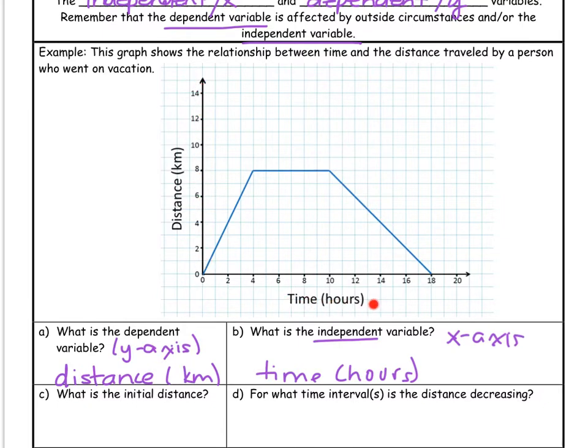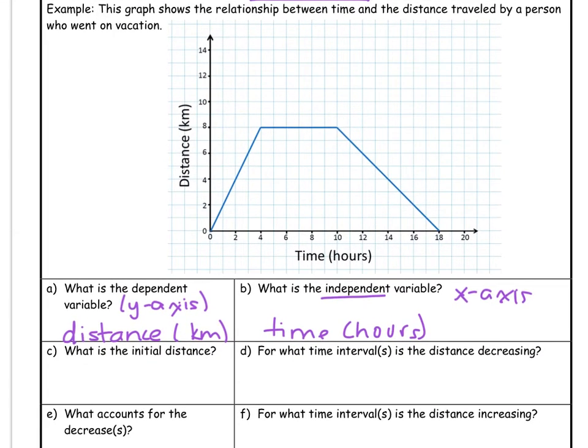So this is the independent, and your distance depends on how long you've been walking. So question C, what is the initial distance? Where is the person starting out? They are starting out at 0 kilometers.